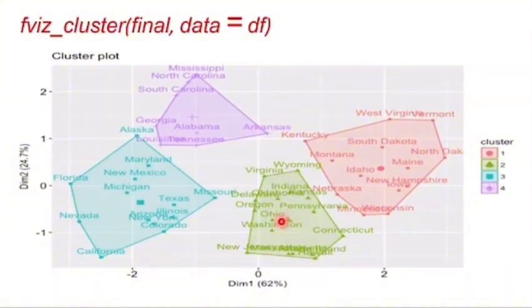Does that make sense? If they are in the same group, Minnesota can decide to use the same strategy used in Wisconsin to reduce crime. Alabama and Georgia can use the same, because they belong to the same category. Florida, Michigan, Texas, Maryland, and the like can use the same strategy in reducing crime rates.